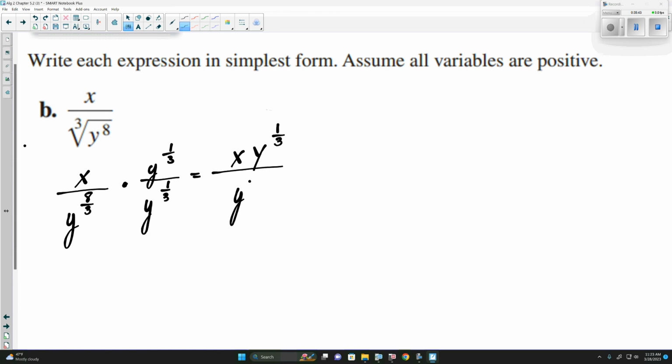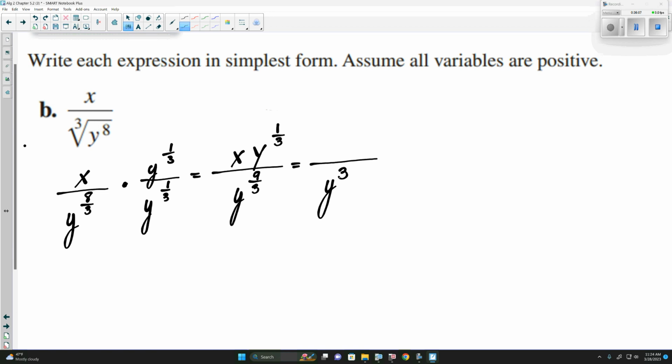Now the denominator, since we multiply like bases, we add the exponents. 8/3 plus 1/3 is 9/3. And in the denominator, the bottom of this fraction, 9/3, 9 divided by 3 is 3. Since we don't have a fractional exponent in the bottom of this fraction, it means the radicals in the bottom are now simplified.